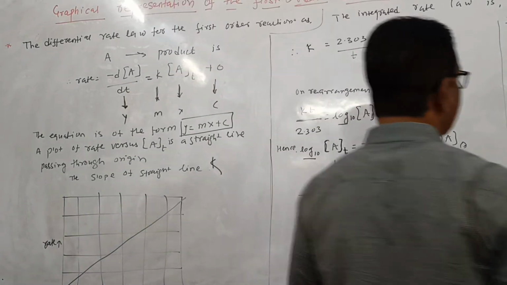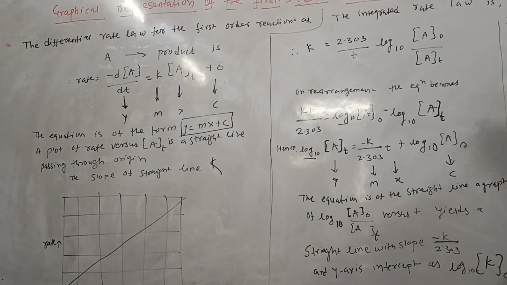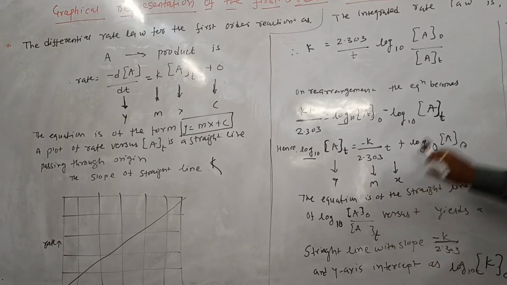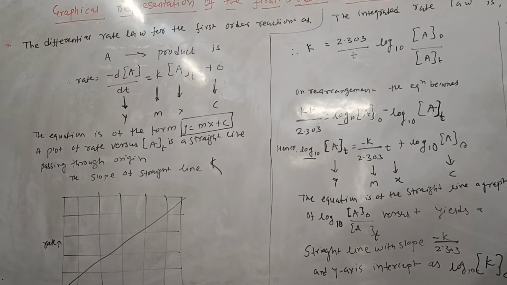Then integrated law is log 10 concentration A0 upon A at time t is equal to k upon 2.303 t.